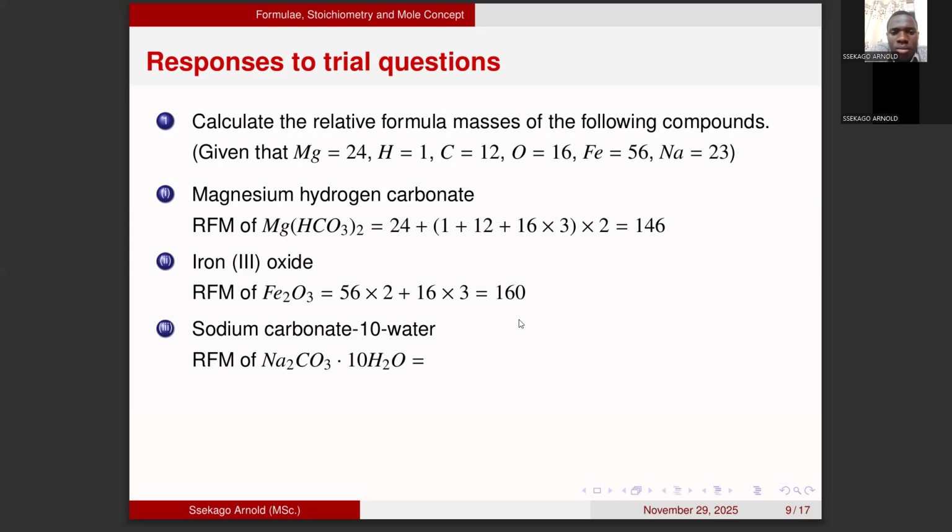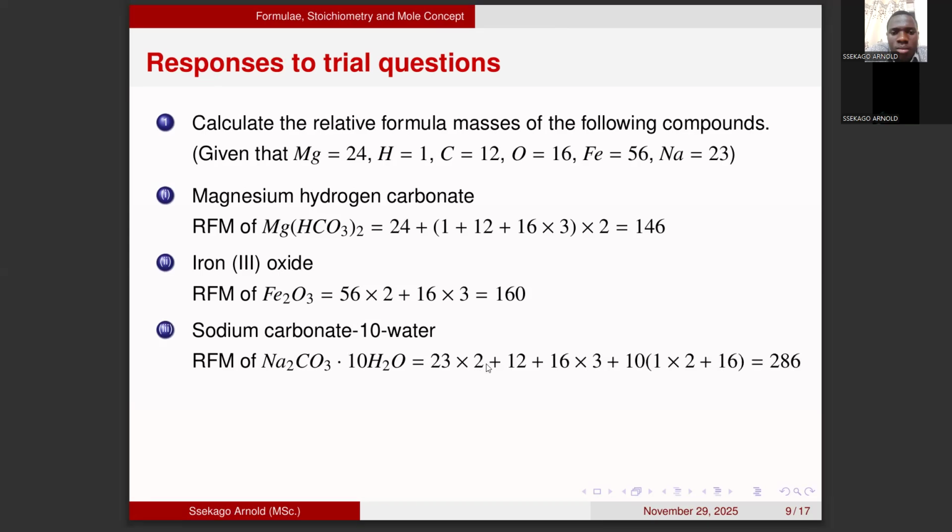Therefore, we have 23 times 2 plus C, carbon, C is 12, plus O is 16, and there are 3 of them. So 16 times 3, then plus, we have 10 here, so plus 10.